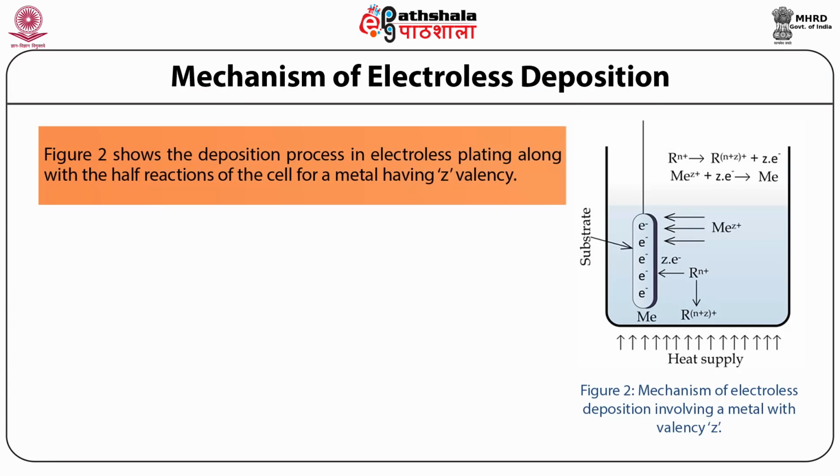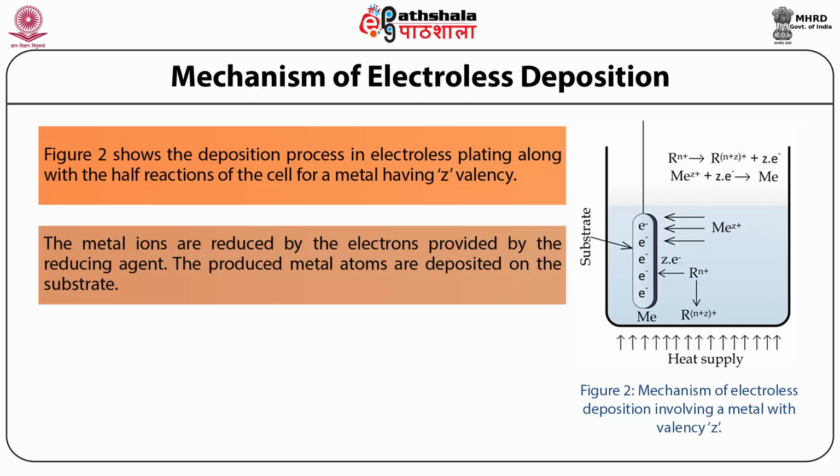Figure 2 shows the deposition process in electroless plating along with the half reactions of the cell for a metal having Z valency. The metal ions are reduced by the electrons provided by the reducing agent. The produced metal atoms are deposited on the substrate.